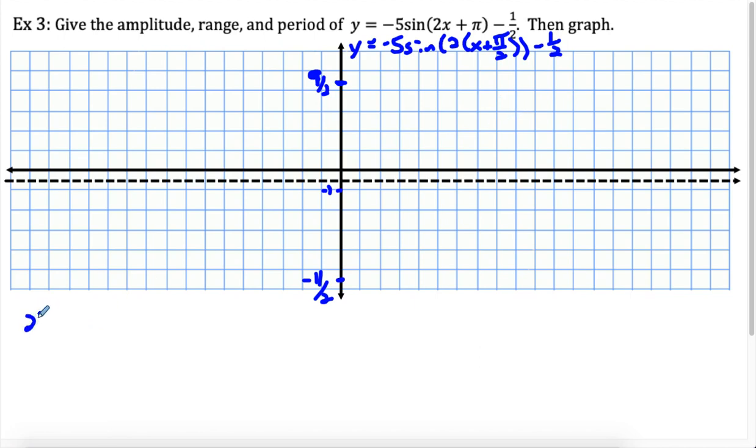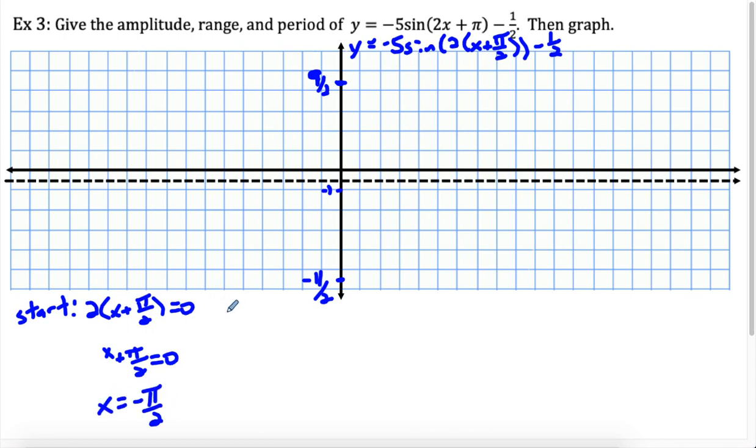So let me label that as start. We've got 2 times x plus pi over 2 equals 0. Divide both sides by 2, and subtract the pi over 2 over. We'll get x equals -pi over 2. Then my ending value for one period, I've got 2 times x plus pi over 2 equal to 2 pi.